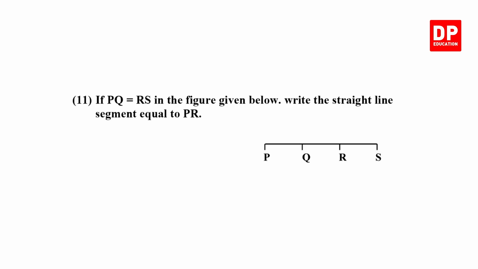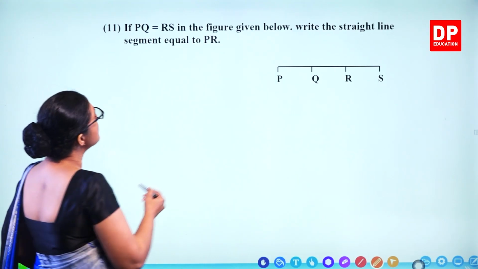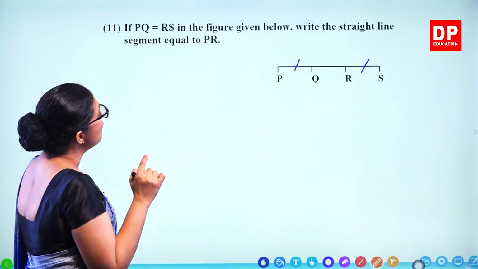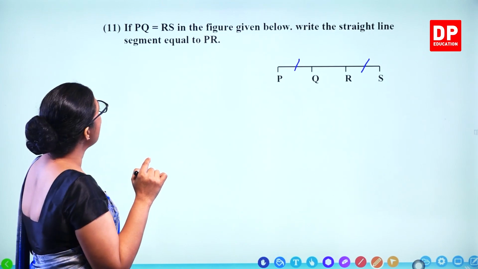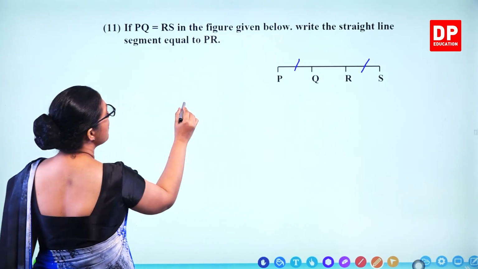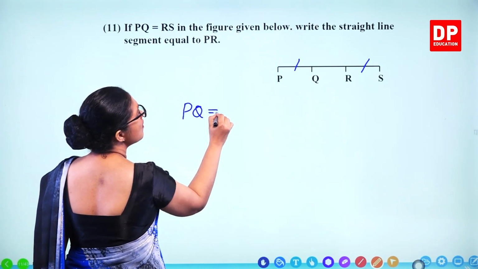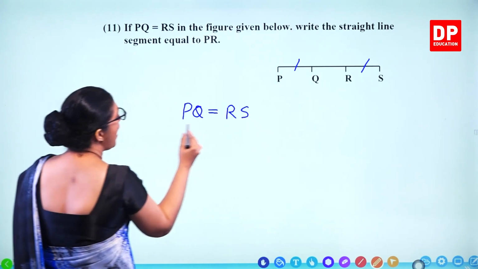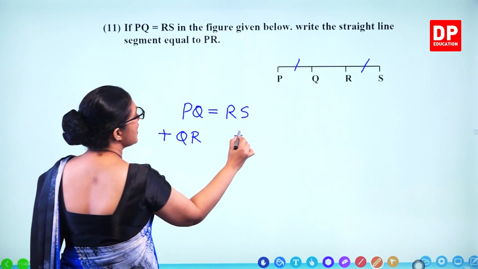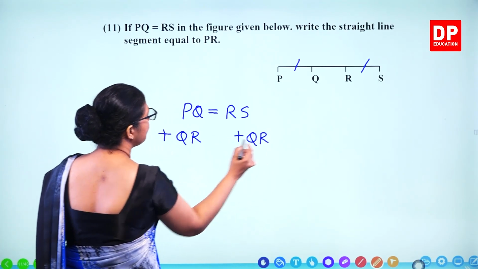Question number 11. If PQ equals RS, in the figure given below, write the straight line segment equal to PR. Now think about this one, PQ is equal to RS. So I'm adding QR to both sides. What happens?